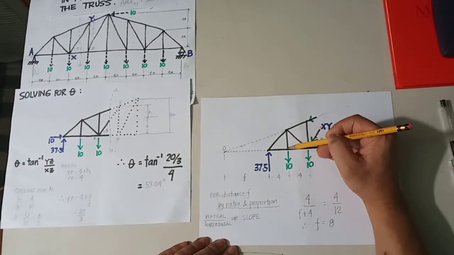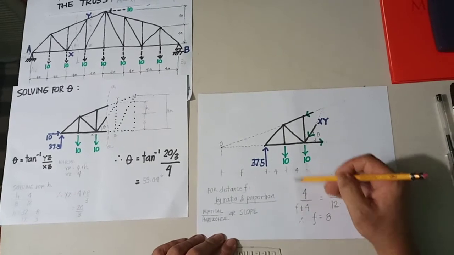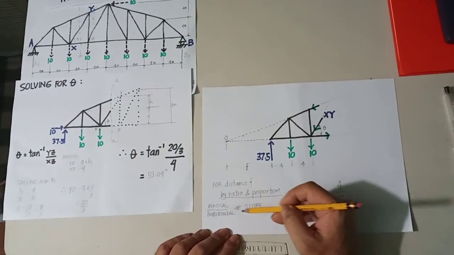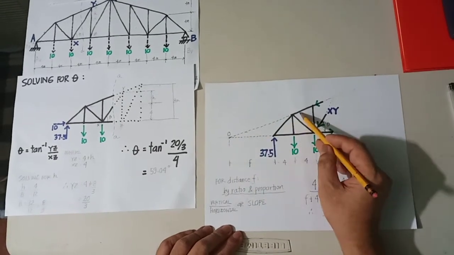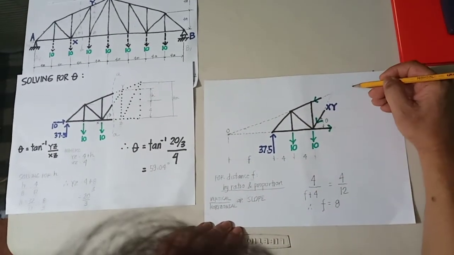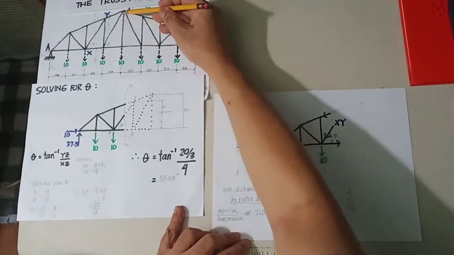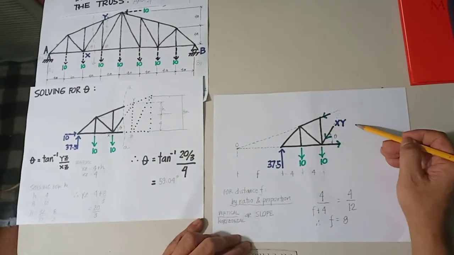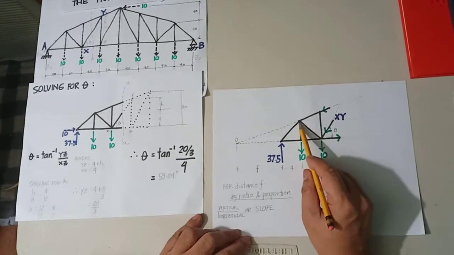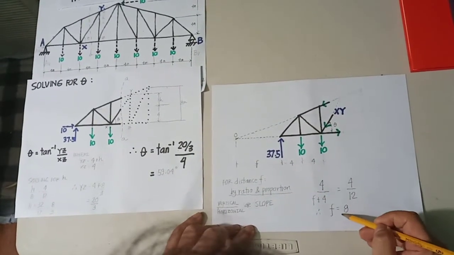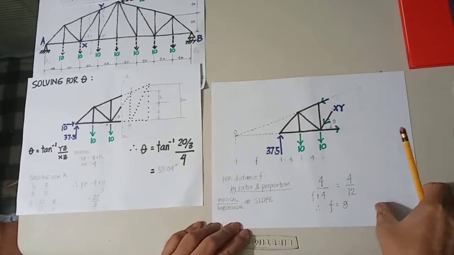This is 4 all over f plus 4, vertical over horizontal, or the slope. The slope of this line is equal to the slope of this line, which is 4 all over 12. That's 3 divisions of 4 each, so it's equivalent to 12, thus giving f as equivalent to 8.